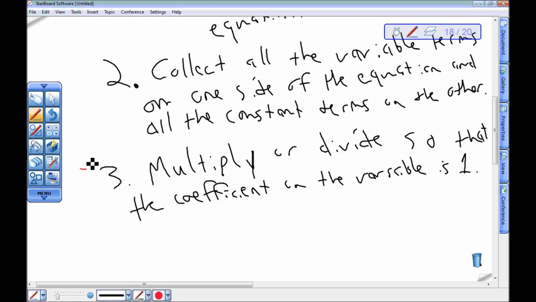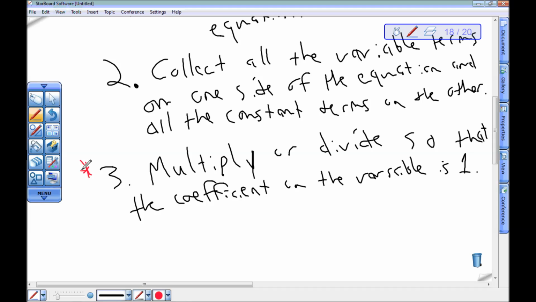As a note, a lot of my students mess up at this step because they do it too soon. You can't do this step until you have something like a number times your variable equals another number, or your variable divided by some number equals another number. You have to kind of have one term equals one term before you can do this part, because otherwise you can't divide right or you can't multiply right, because you're going to have to multiply by a bunch of stuff and then you might miss something.